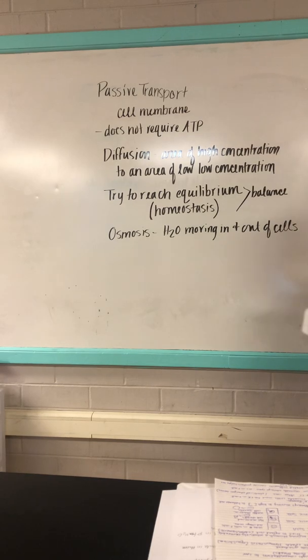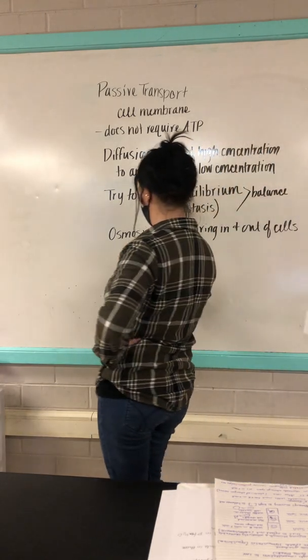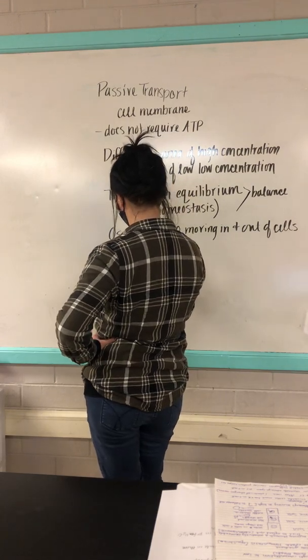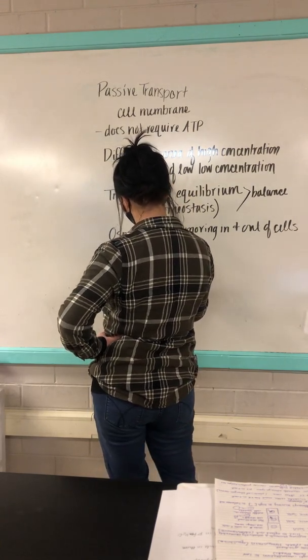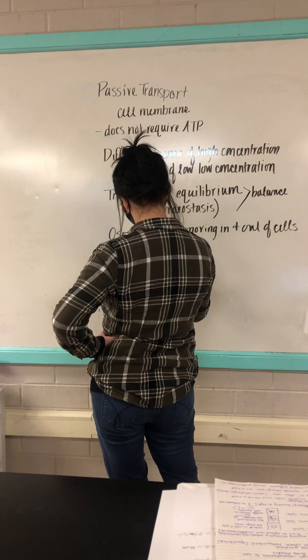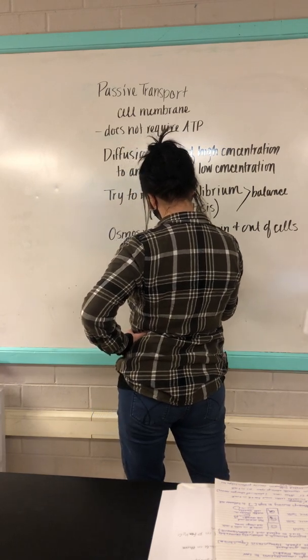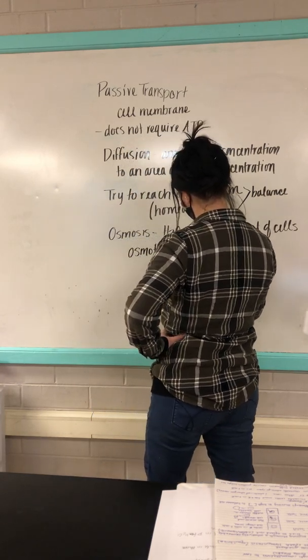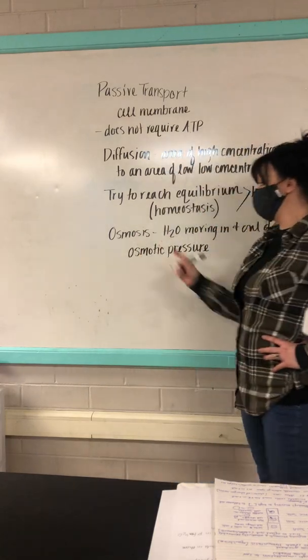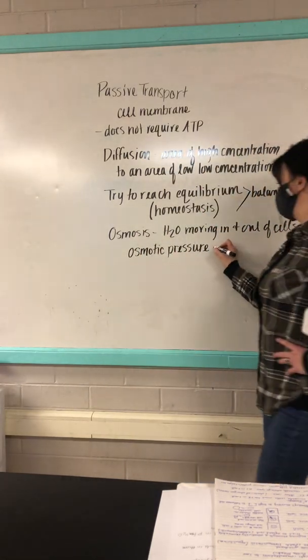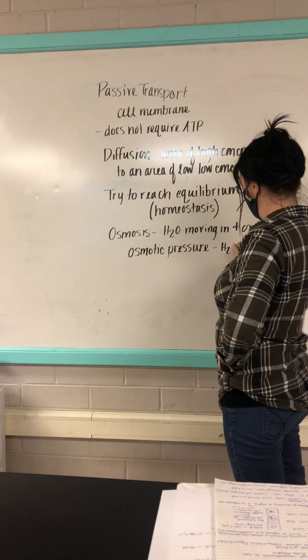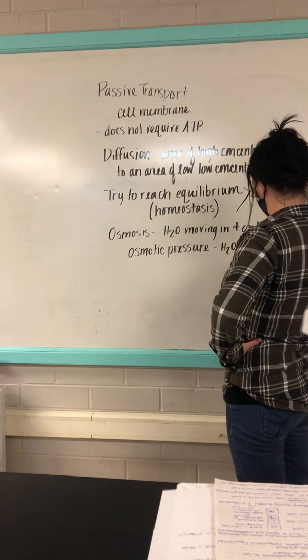Now in the video they mentioned the pressure. That pressure is called osmotic pressure. So we know that osmosis deals with water. So this is the water pressure in plants.